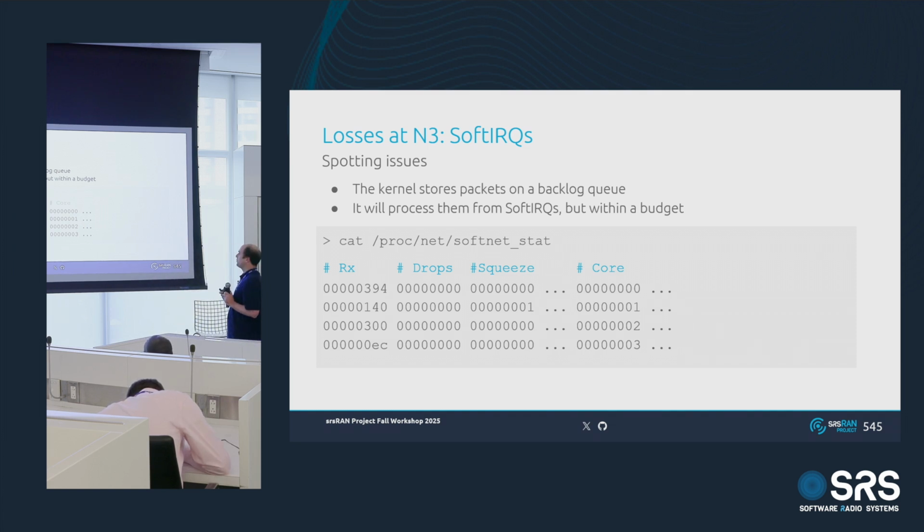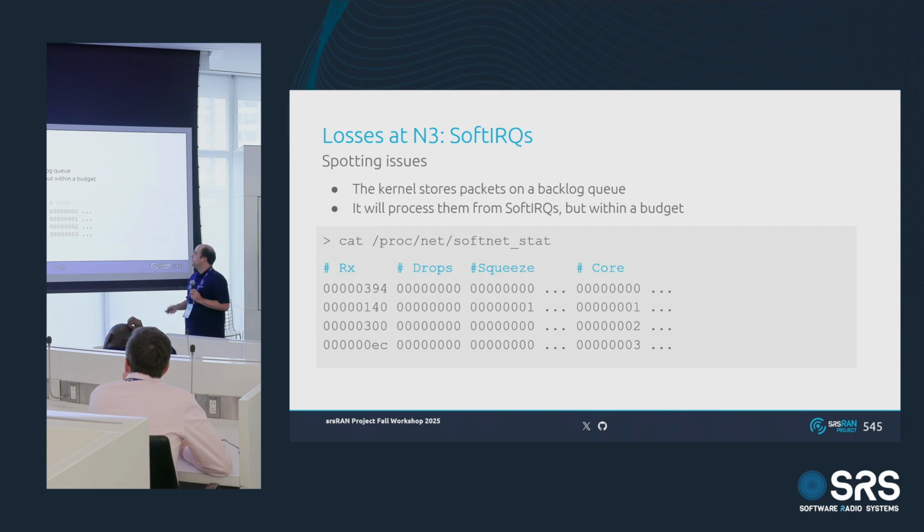There is also the kernel itself not having enough processing power to process all the packets. So once the kernel has received the packet, it will raise a soft IRQ to do the actual processing. It will put that in a backlog queue, and the software queue itself has a budget for how long it can process the packets.